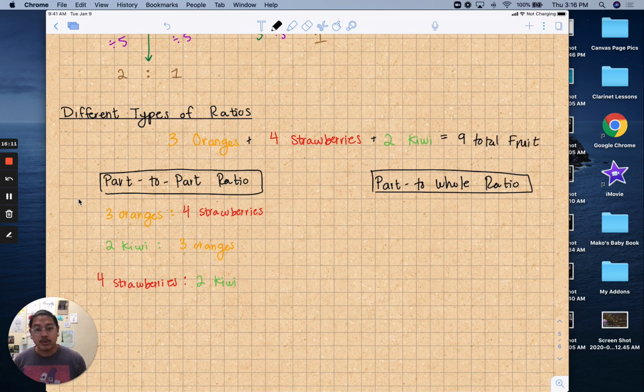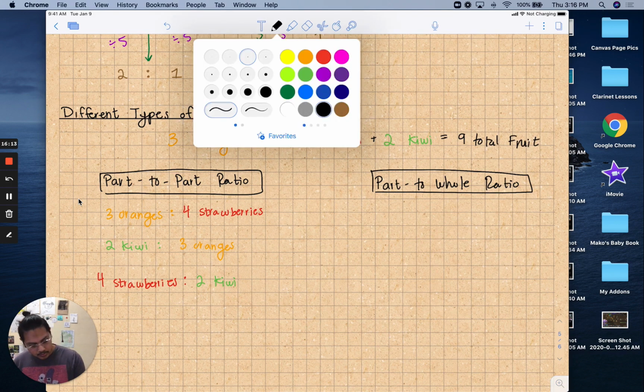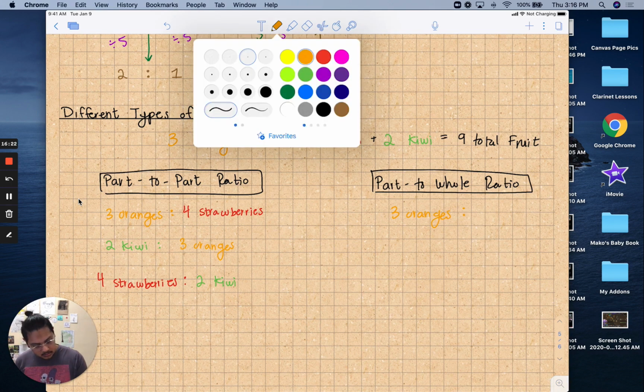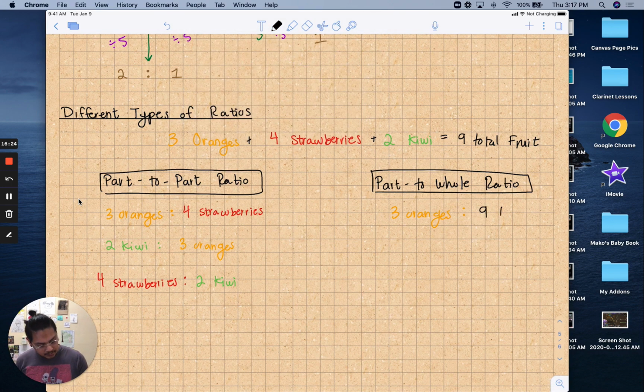Now take a look at the ratios I'm about to write. I could write 3 oranges to 9 fruit.